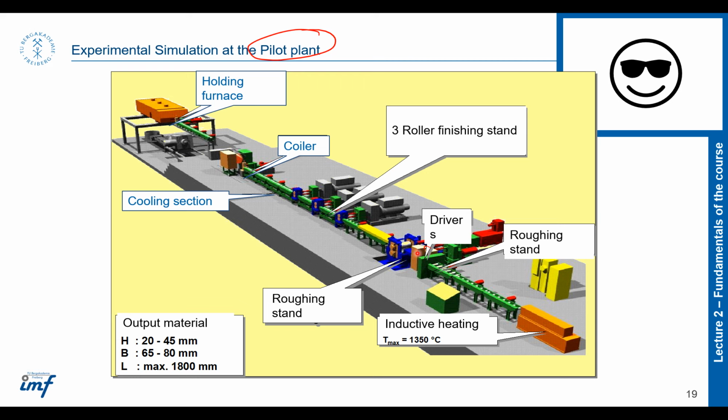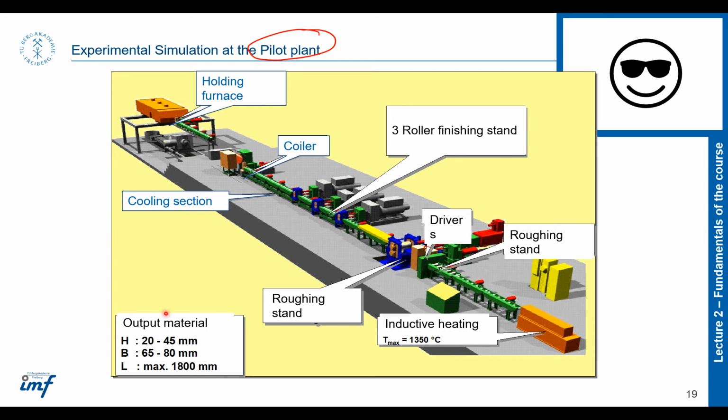Then we rough it through the roughing stand, removing all the scales and everything. Then the drivers push the material into the rolling trains, where the material is rolled to the desired shape, and then it is coiled to form a coil after cooling. Later, if we want to do a heat treatment process, we have a dedicated furnace where this can be done.